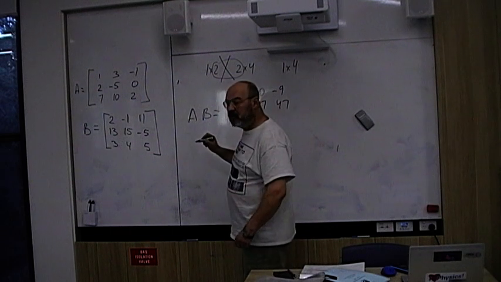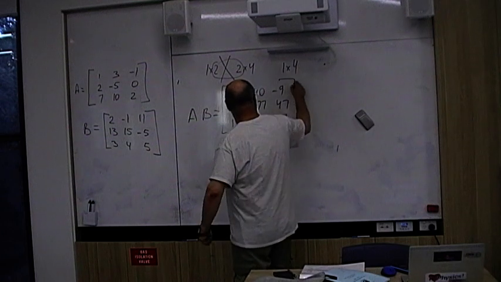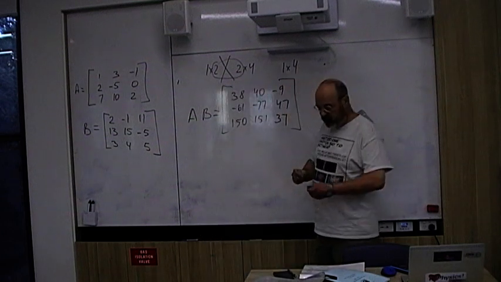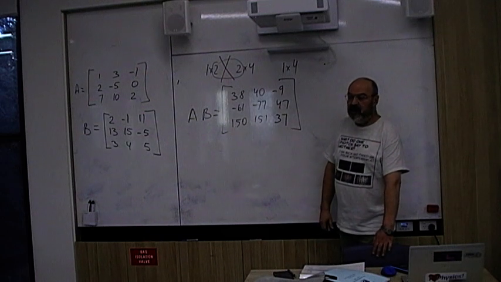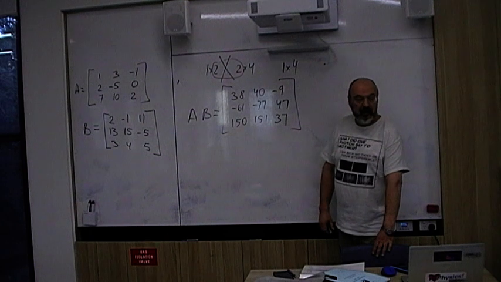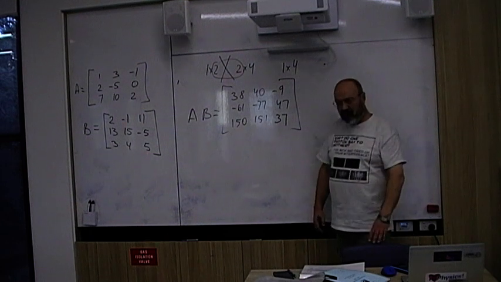Now do B times A, and you will see you get a completely different result. So in matrices, the order in which you multiply matters.